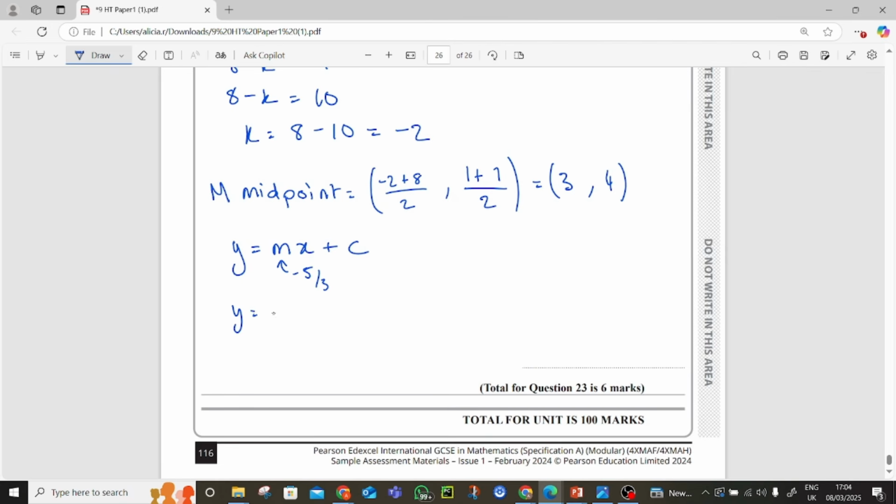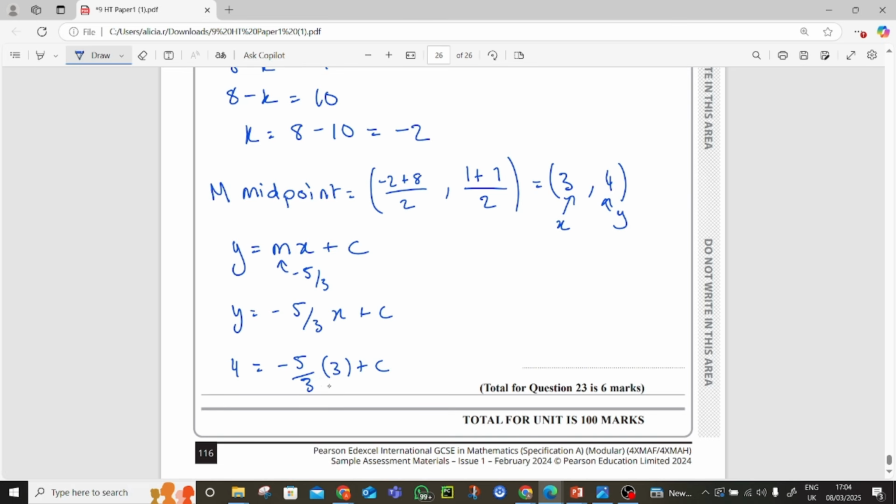So I have y is equal to -5/3x plus c. And I know it goes through this point here. So if I substitute this in for x and this in for y, so y is 4 and x is 3, then I can solve to get the c value and I'll have the equation of the line.